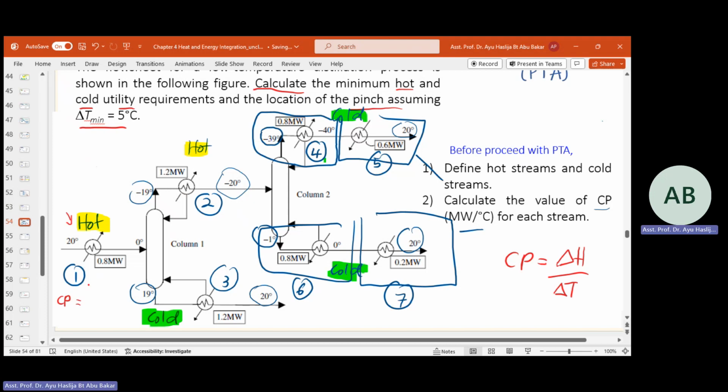Now for stream 1, CP is delta H 0.8 over 20, or negative 20?